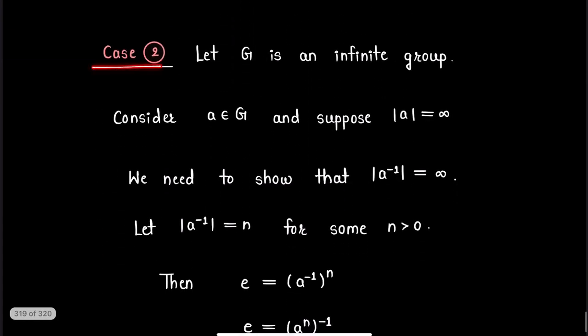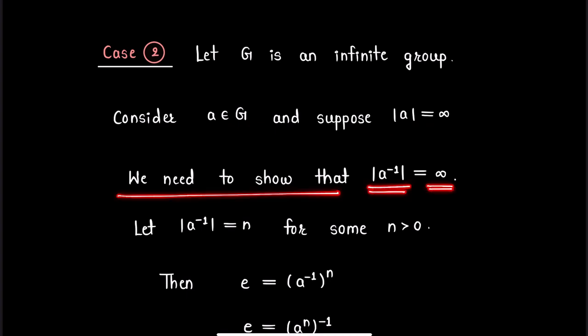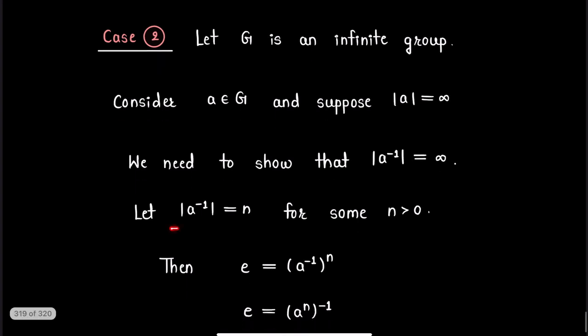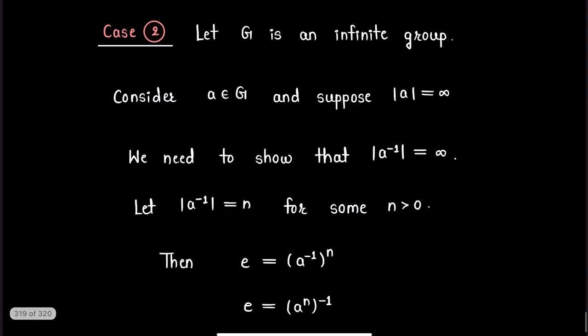Next, in case 2, we will assume that group G is infinite. So let us consider an element a in group G and suppose the order of a is infinite. Now we need to show that the order of a inverse is also infinite. For this, let us consider that the order of a inverse is n, where n is some finite positive integer.